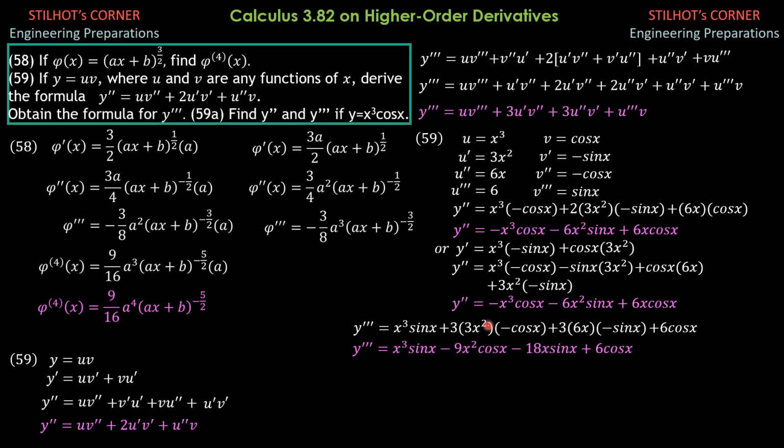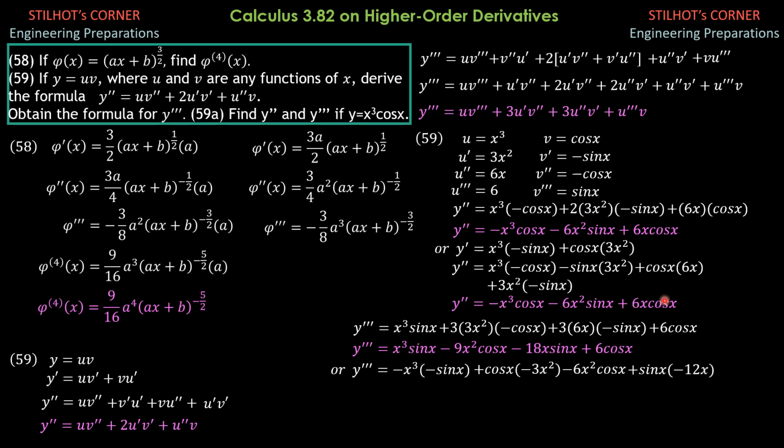It's easier. So having found y double prime, y triple prime would be first negative x cubed, derivative of cosine, negative sine x, plus second, cosine x times derivative of first, negative 3x squared, then plus this second term is derivative of product again, negative 6x squared times cosine x, derivative of sine x is cosine x, plus sine x, derivative of negative 6x squared is negative 12x.